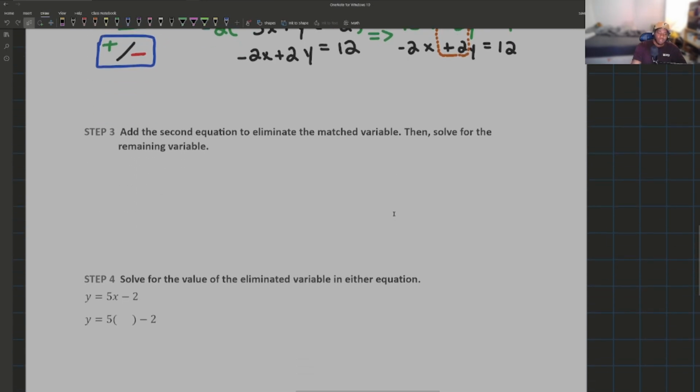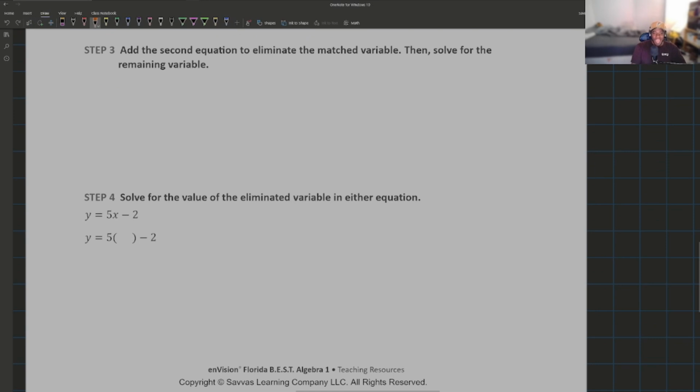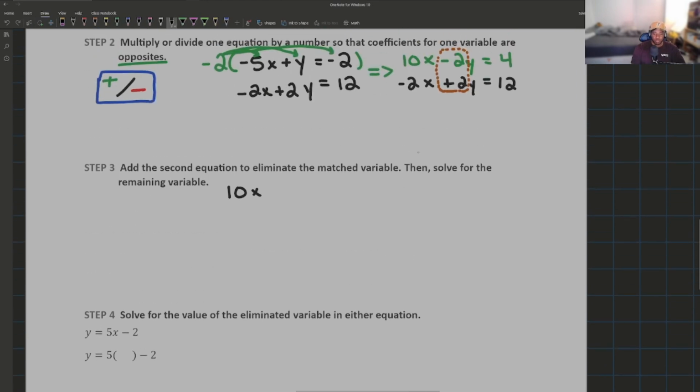So now we go down here to step number 3. It says to add the second equation to eliminate the matched variable. Then solve for the remaining variable. So all we're going to do here is start by rewriting our equations. 10x minus 2y equals 4.